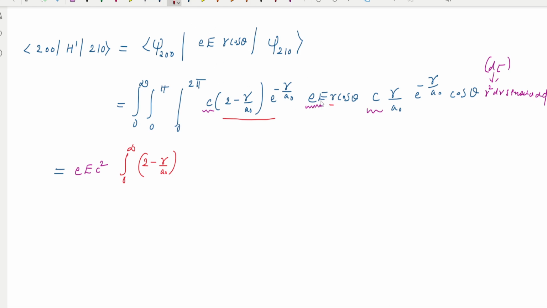So please be focused here. r, here r is there, here r is there. r square, r cube, r power 4. r power 4 divided by a naught. And yeah, this is one more mistake I did: 2a naught, right?